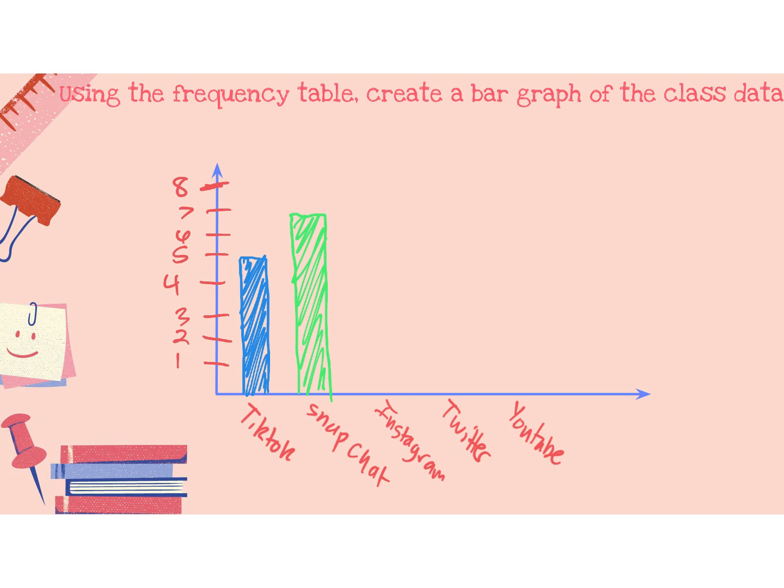And then for Instagram, we had 3, I believe. And for both Twitter and YouTube, we had 4, so we draw them up to 4. And there we go, we've created a bar chart from our data of your favorite social media.